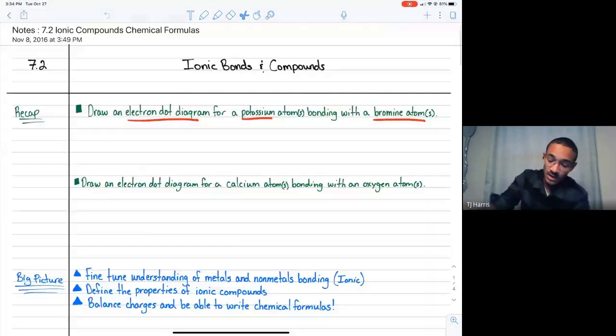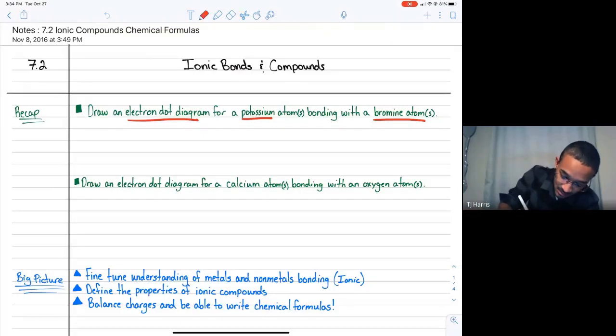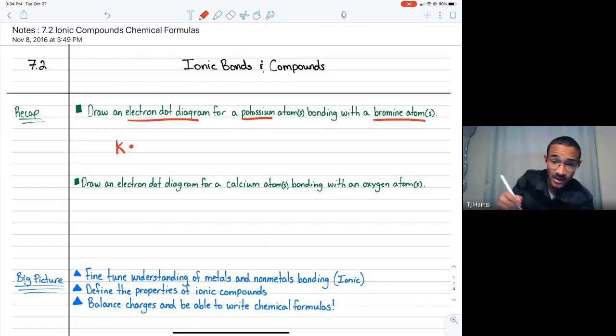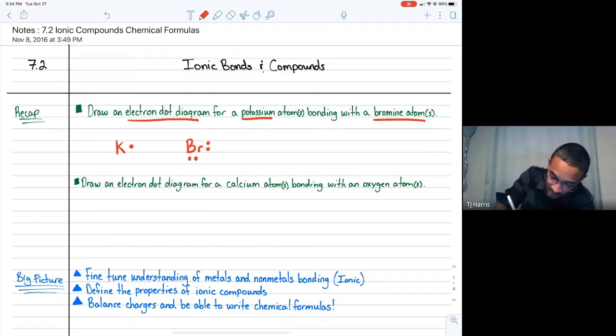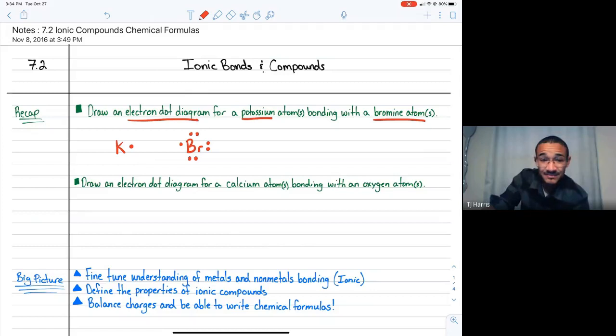So we know that potassium, since it's in group 1A, will have 1 valence electron. Bromine, group 7A, 7 valence electrons. How many do we want? 8. 8 valence electrons is the goal. And we know that potassium has an 8 hidden in that next shell underneath, in its second energy level.